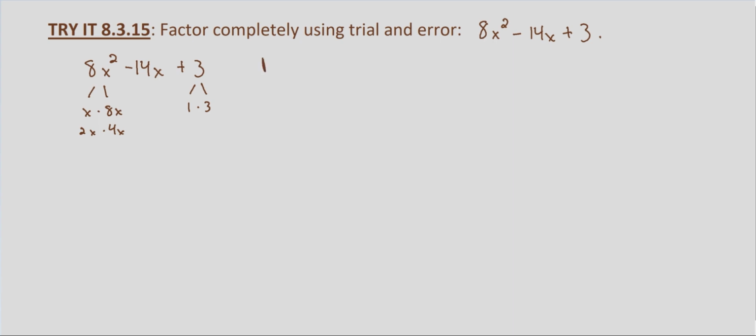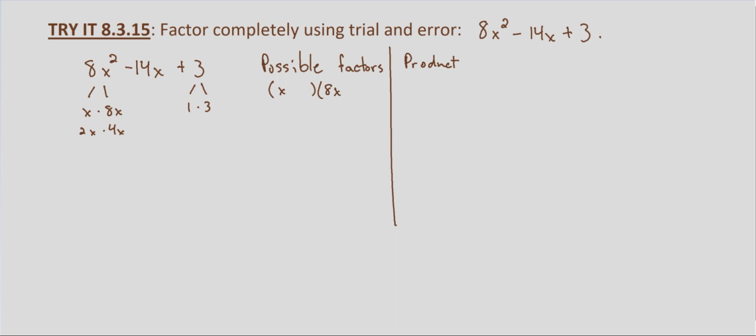I'll write this out in the middle so we can keep track here, since there are going to be more possibilities than previously. Possible factors, and then the product. So let's start with our 1x and 8x. So that's going to be x times 8x.